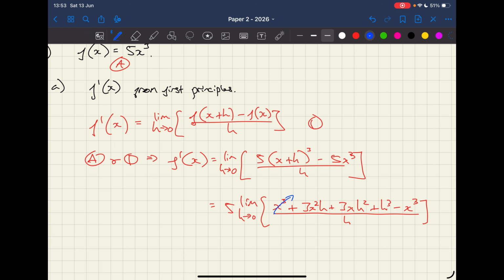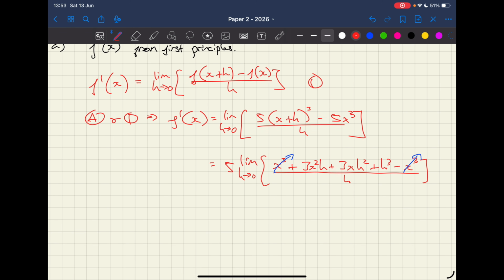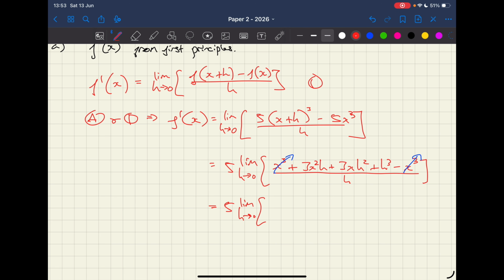We have positive x cubed, negative x cubed, so they go away. 5 still there. Now we have the limit as h goes to 0. Every term now left over has h's in there, so I'm going to divide this off. So we get 3x squared, it's not a 2, plus 3x h plus h squared.